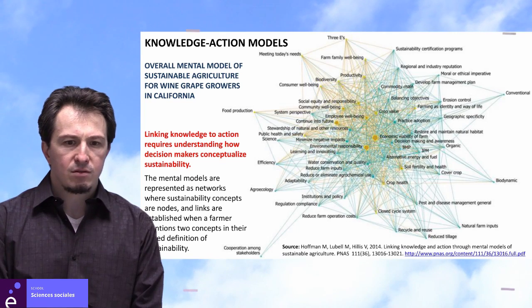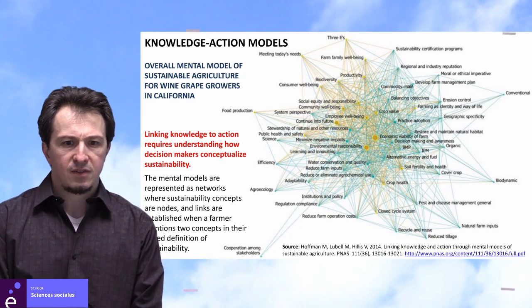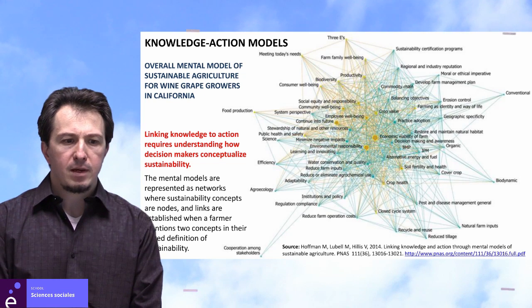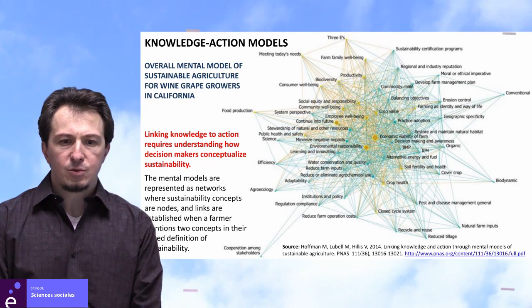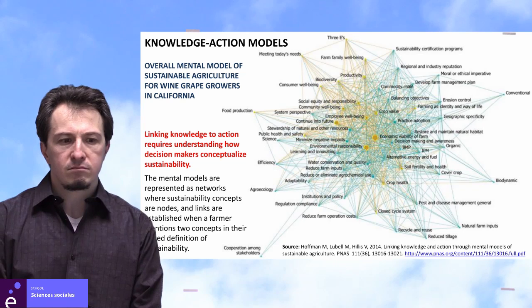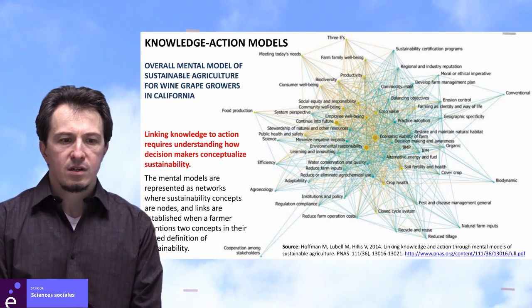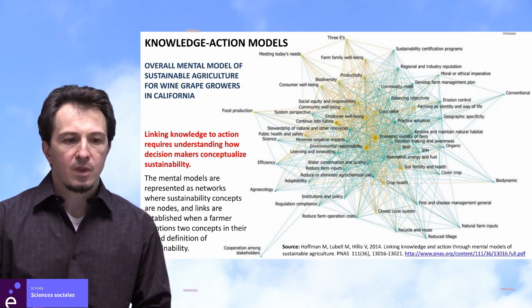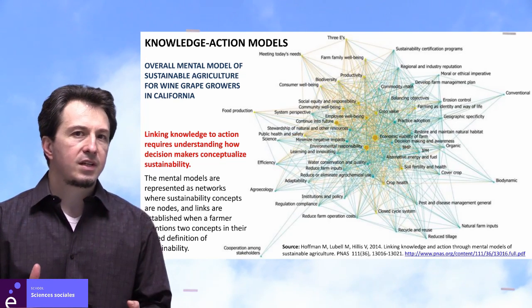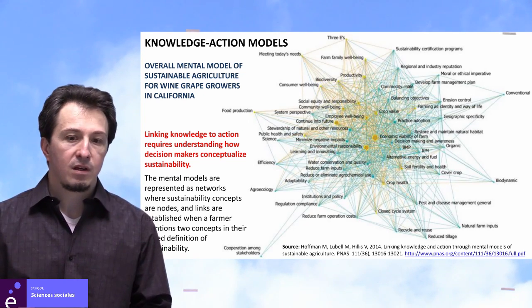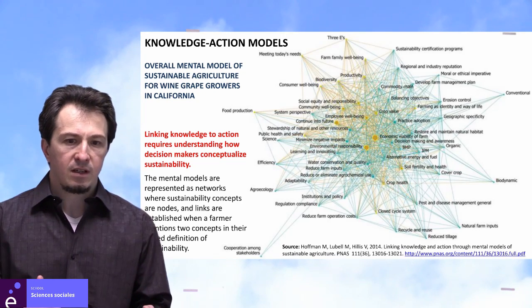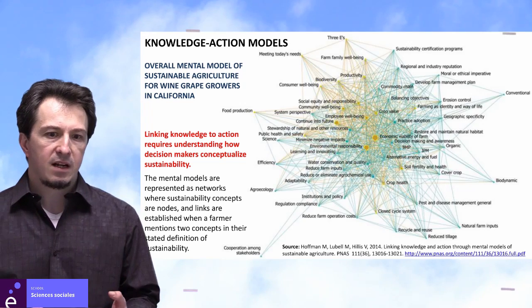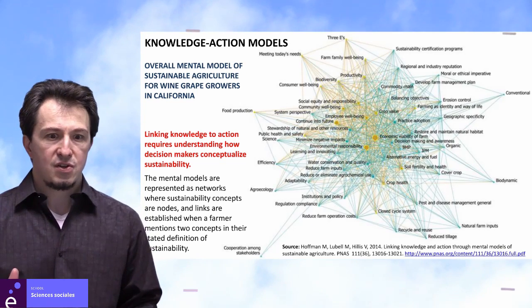In this diagram, you see clustered a lot of concepts. So what this means is basically a network of sustainability concepts in which the concepts are the nodes, and you see the connections, and these connections are made by the researcher during the interviews in the study, so that when a farmer defines sustainability for himself, they mention different concepts.